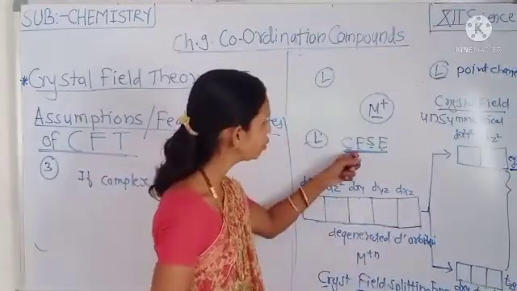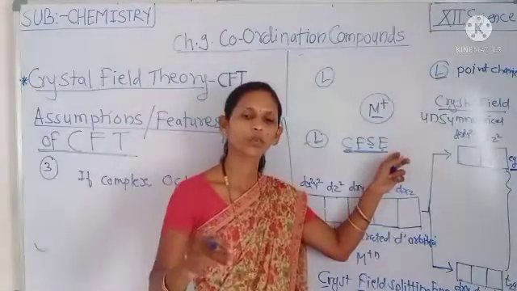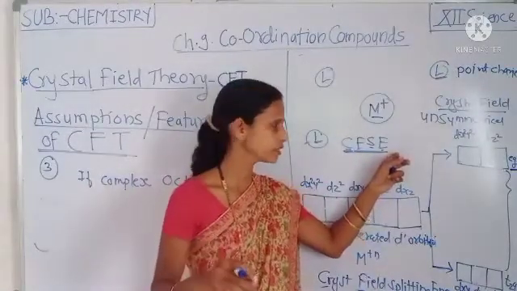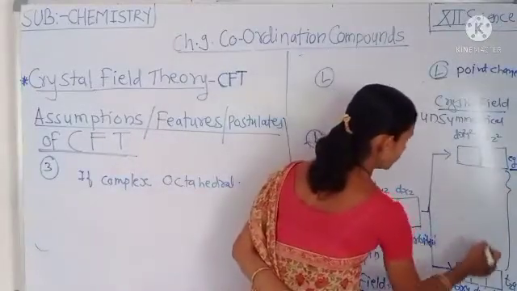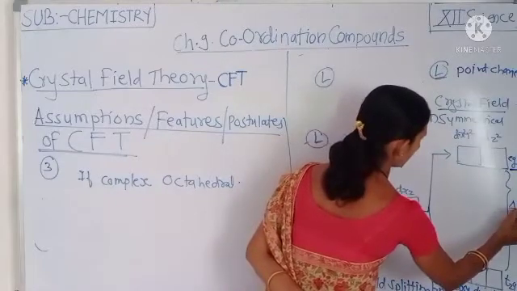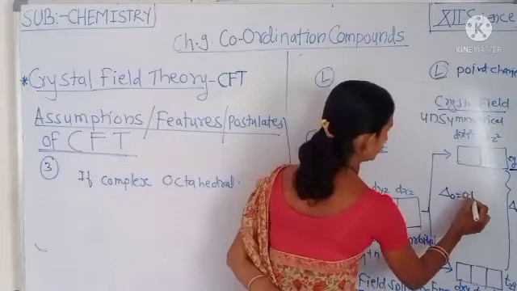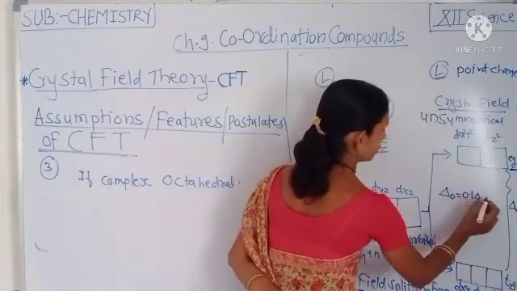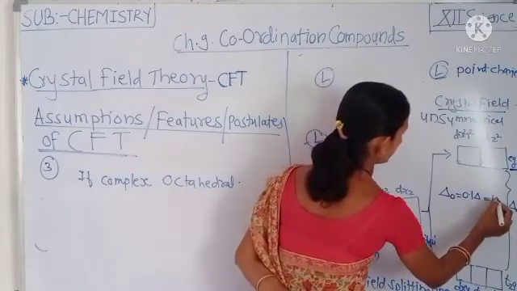The energy difference between the two sets is known as delta naught, that is 0.1 delta, which is also expressed as 10 Dq.